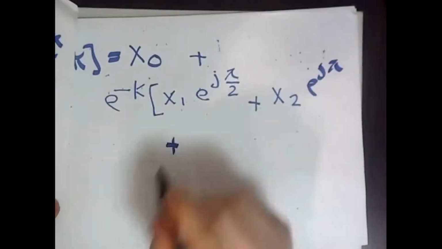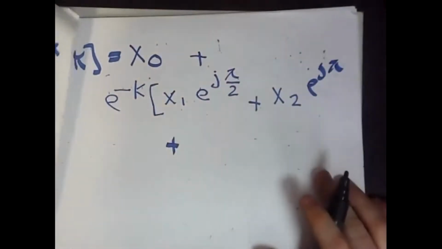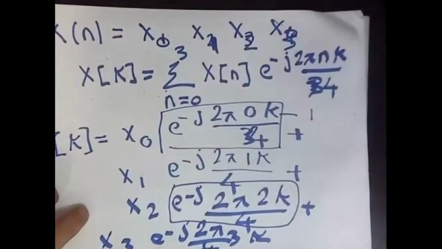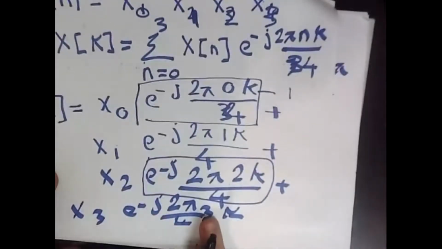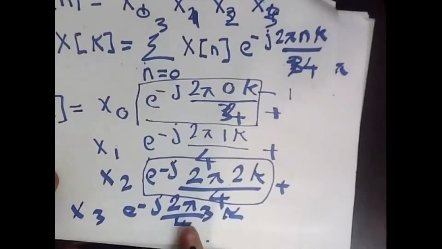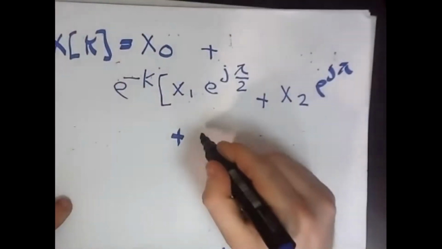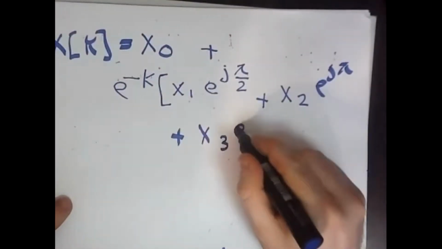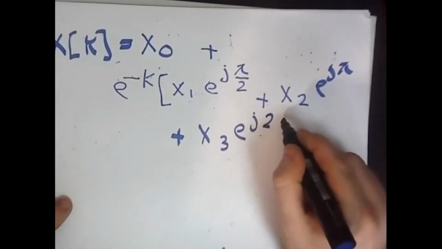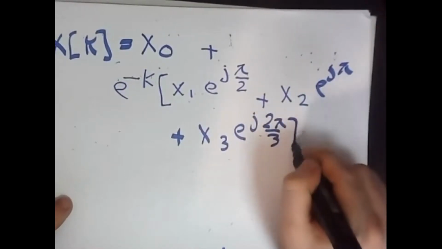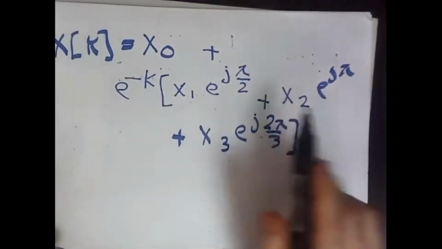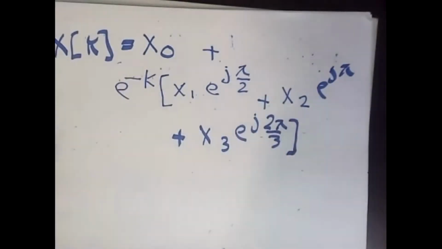Plus, we have now e power minus j k again outside as common factor, so we have e power 2 times 3, this is 6, 6 over 4, which is 3 over 2 pi.